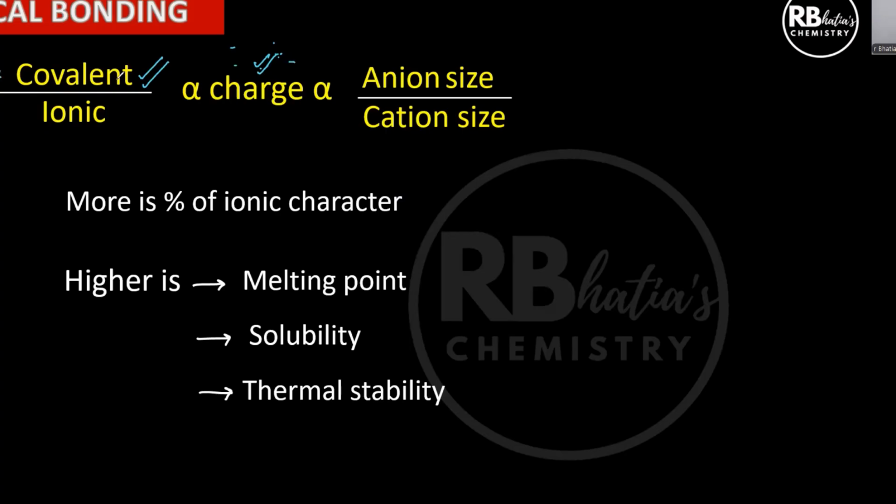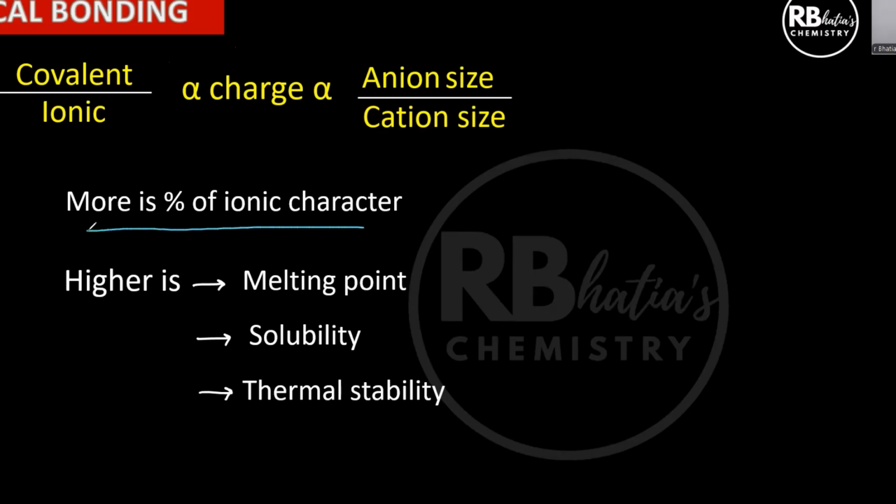Covalent character is also directly proportional to anionic size, meaning more anionic size gives more covalent character. Similarly, ionic nature is proportional to cation size. That means larger cation size gives more ionic nature. This is like a summary of what we've just discussed.